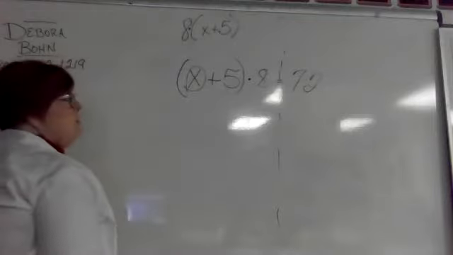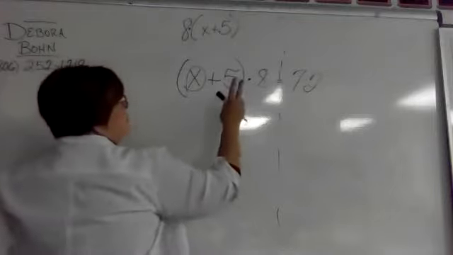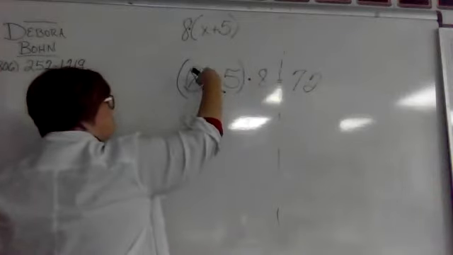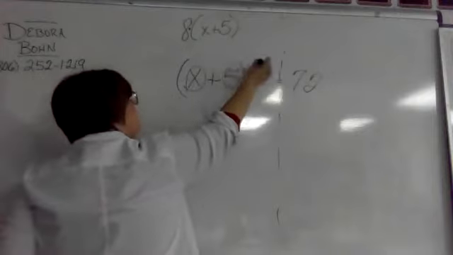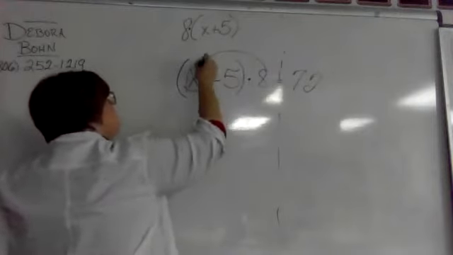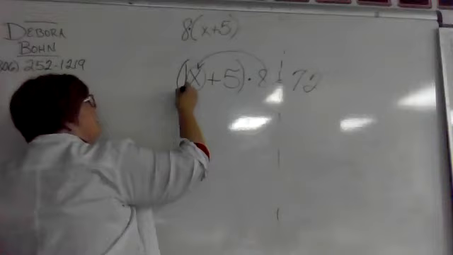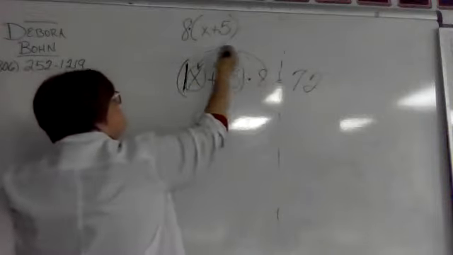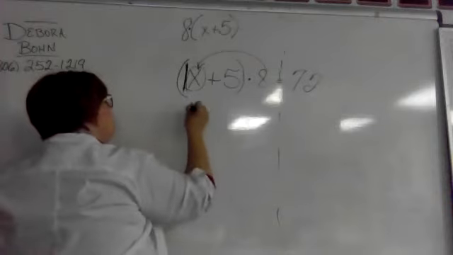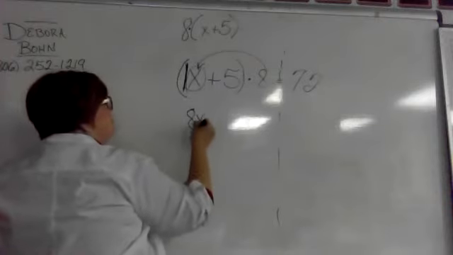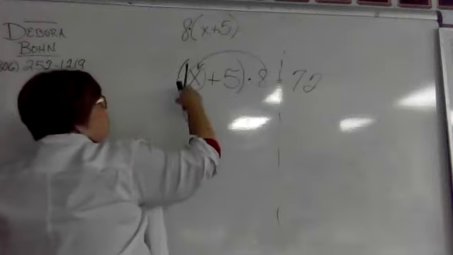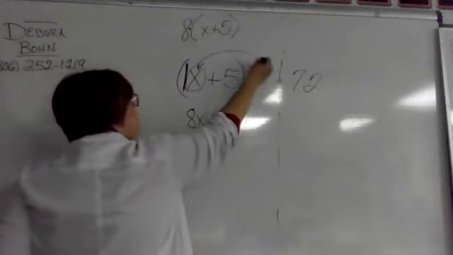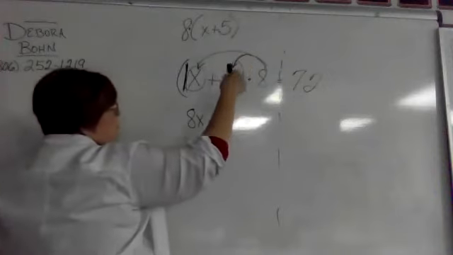So we found out that we need to distribute this 8 over everything that is inside the set. So if I take 8 times x, and remember, this is 1x. There's an invisible 1 here. So you're taking 8 times 1 is 8, and the x is part of the deal. 8 times 1x is 8x, plus 8 times 5, because it's also in the parentheses.